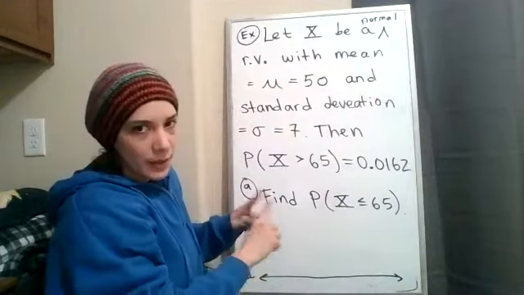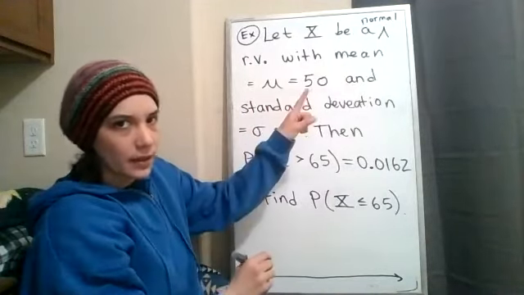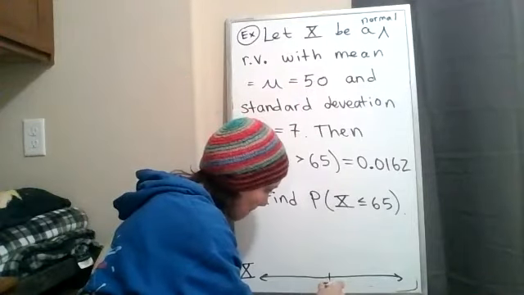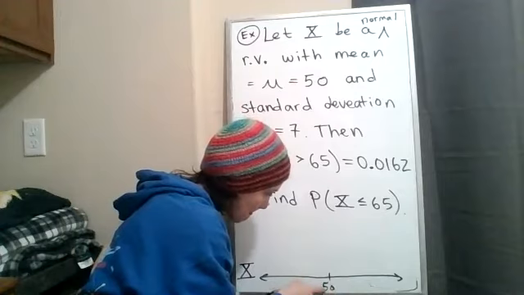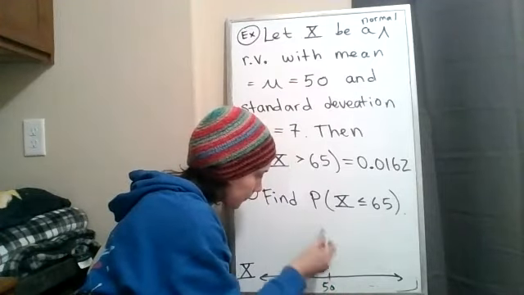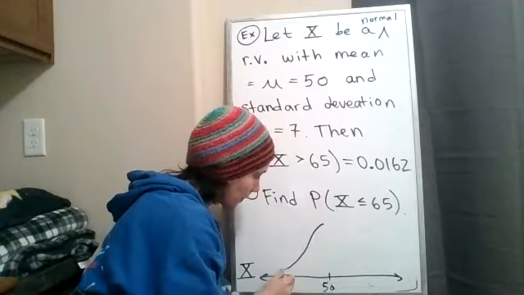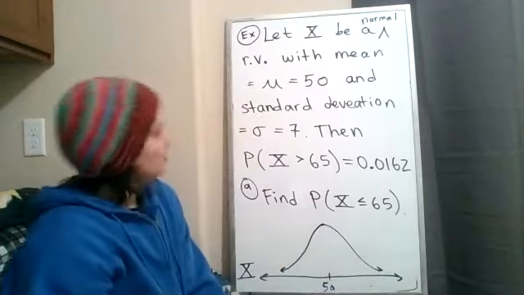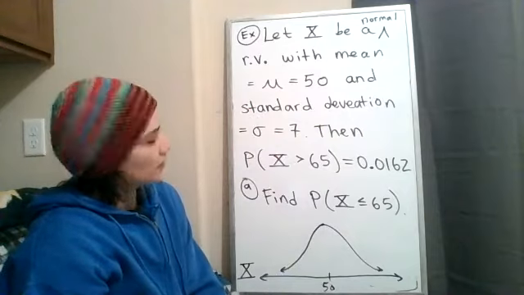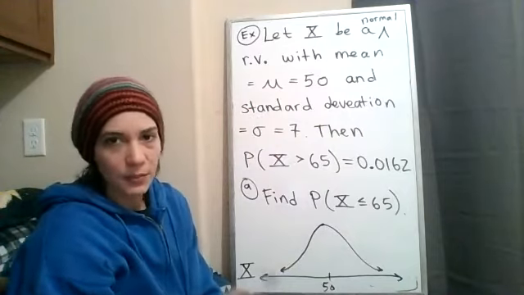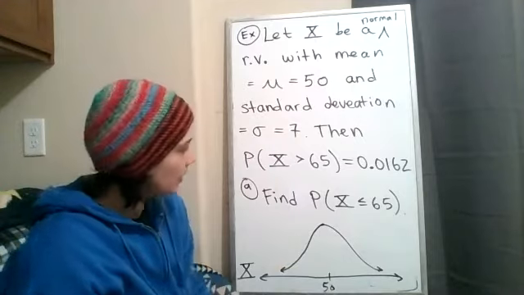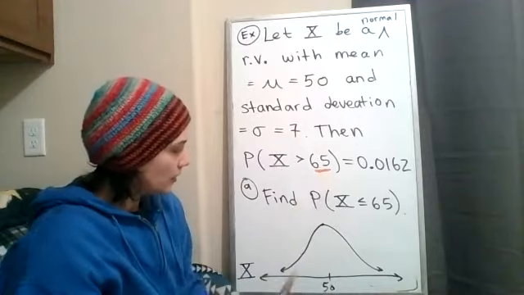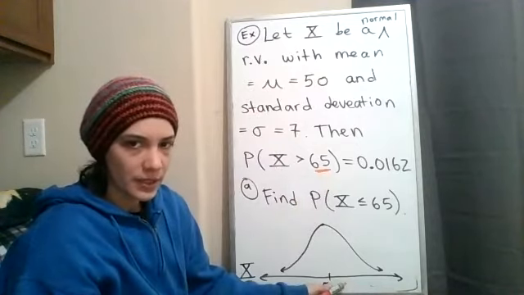That way I have my bell curve that's centered at the mean of 50. I could mark the inflection points, but we don't really need to. What I'm mostly interested in is this number here, 65. So just past 50, we'll label 65.